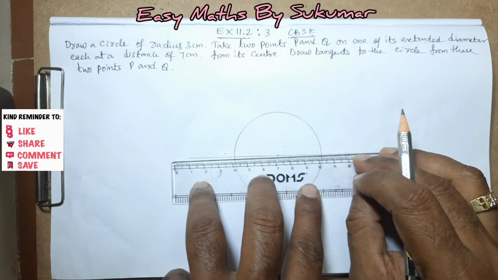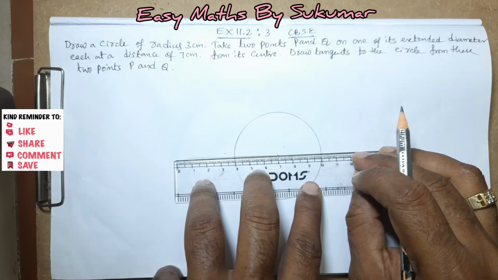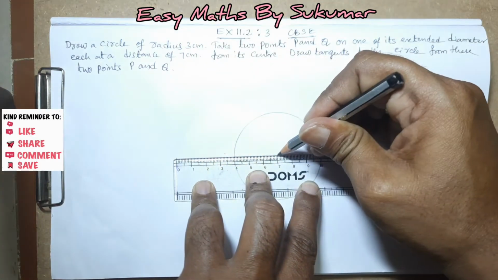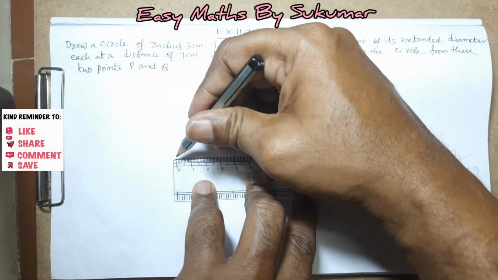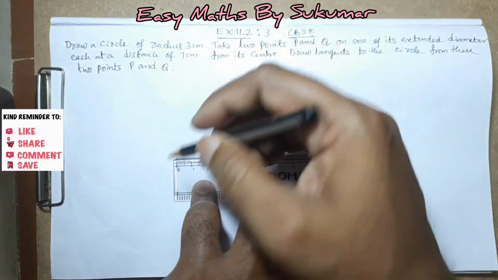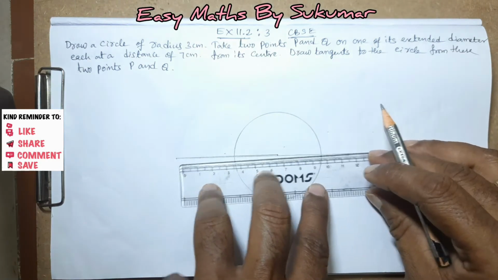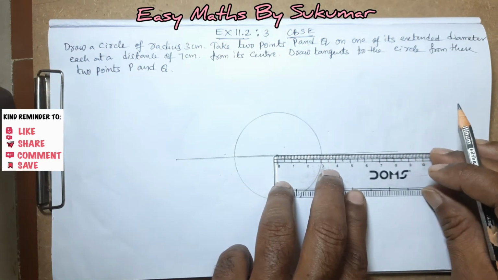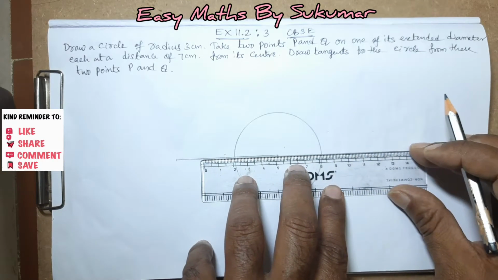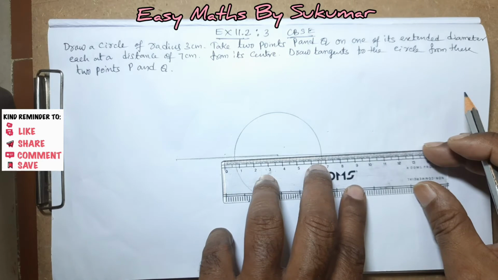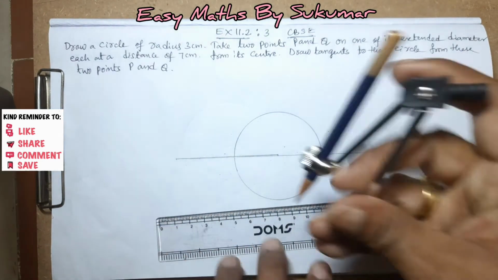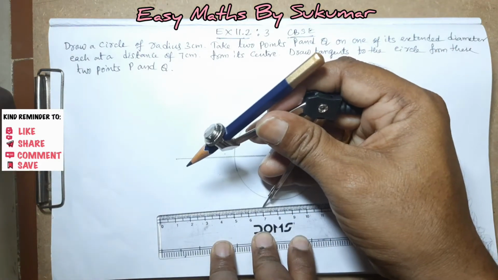We take 7 centimeters from the center to this point. So this is the center of the circle, this is the starting point, and this distance is 7 centimeters. From here also take 7 centimeters radius, or you can cut the arc with 7 centimeters.